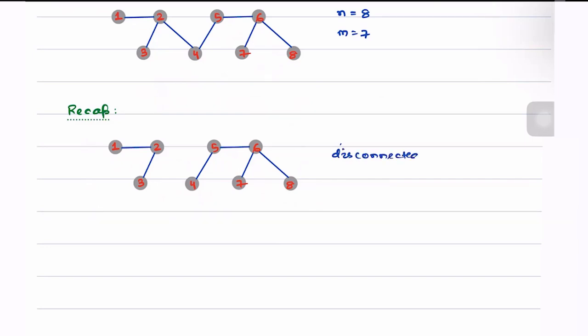However, what we also observe is the graph actually has 2 components. This is the first component, and say this is our second component, and each component here is actually connected.